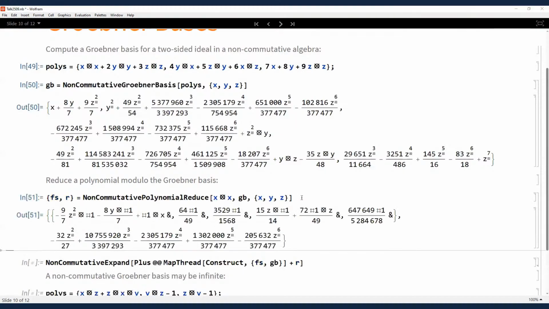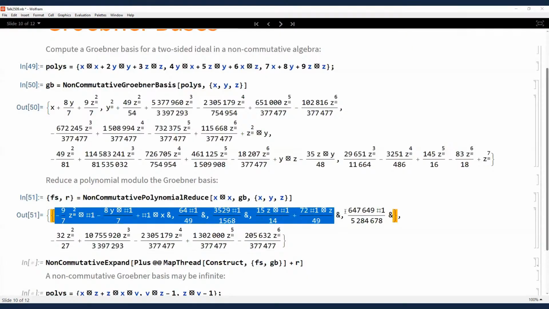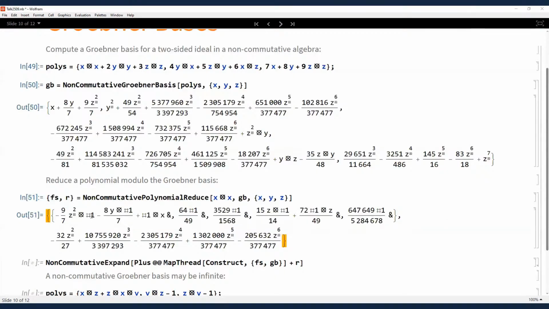It gives output similar to what we get from polynomial reduce, except that polynomial reduce's first element just gives coefficients by which we need to multiply the Grobner basis to get the original polynomial. Here we get linear functions because in the non-commutative case, there are many different kinds of linear functions depending on the position in which we multiply by the variable.